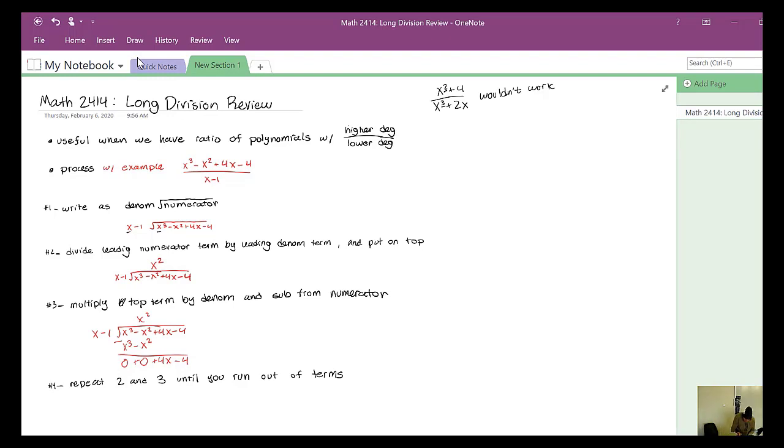So now that our new leading term is 4x, what is this leading term divided by the denominator's leading term? 4.